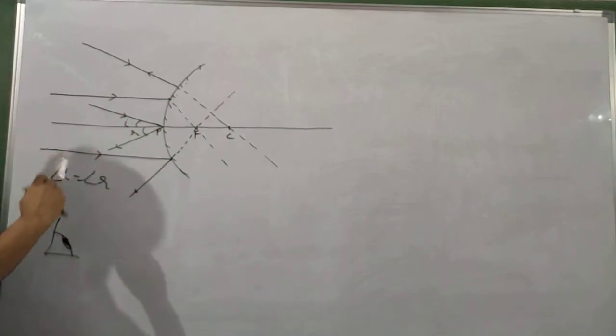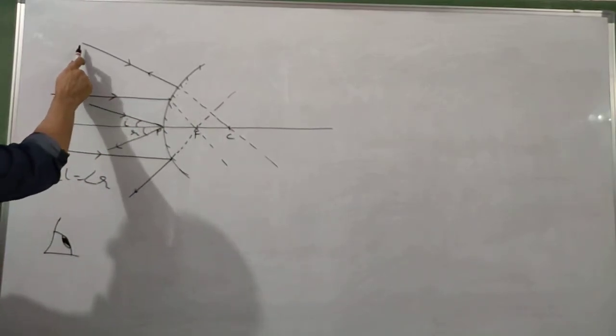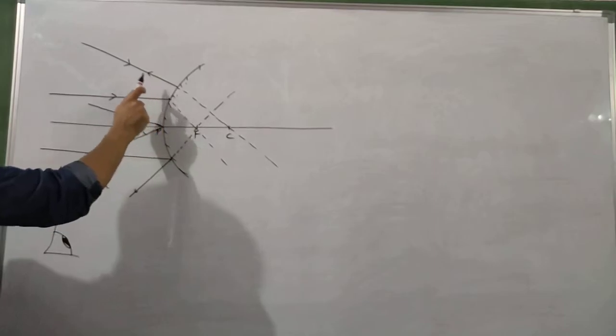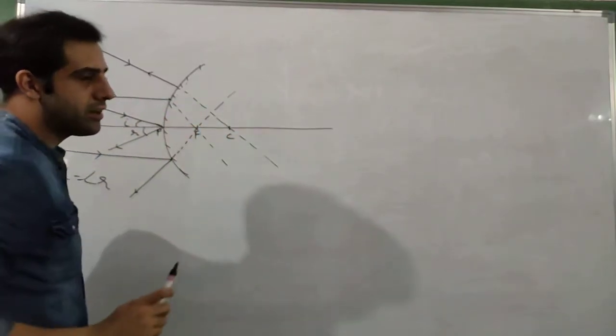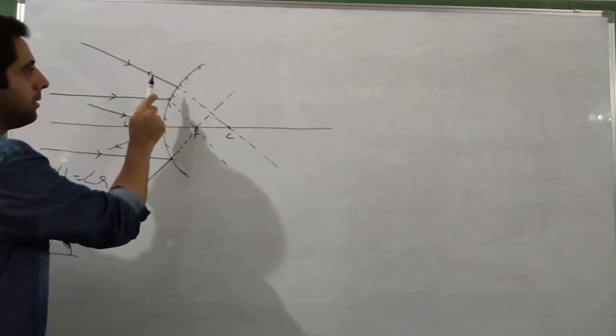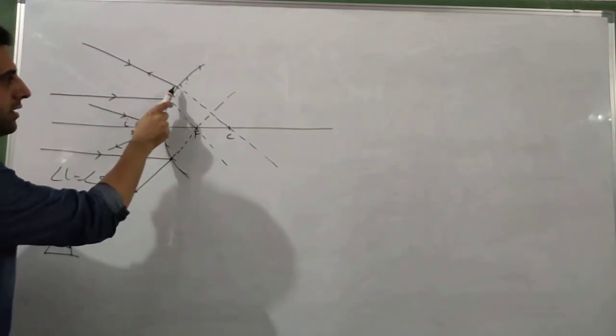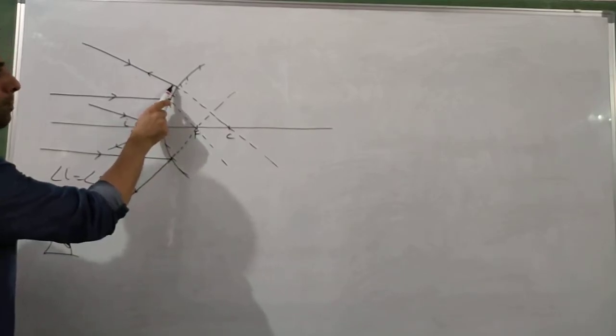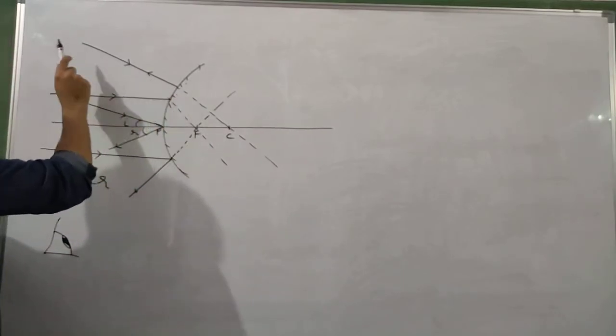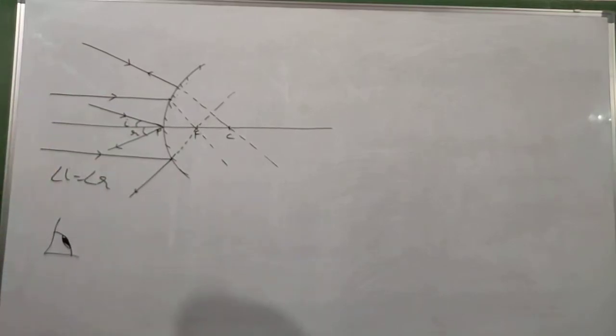First rule. Second rule: any ray which is coming at such an angle that it would have passed through the center of curvature if there were no mirror in the way, that particular ray when reflected from the mirror will go back to its original path. This is the second rule.